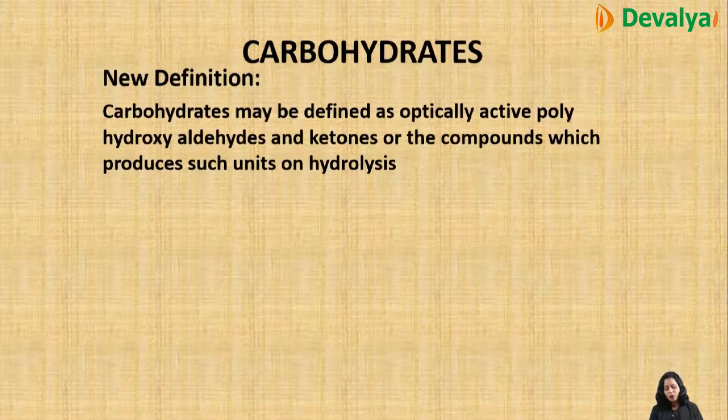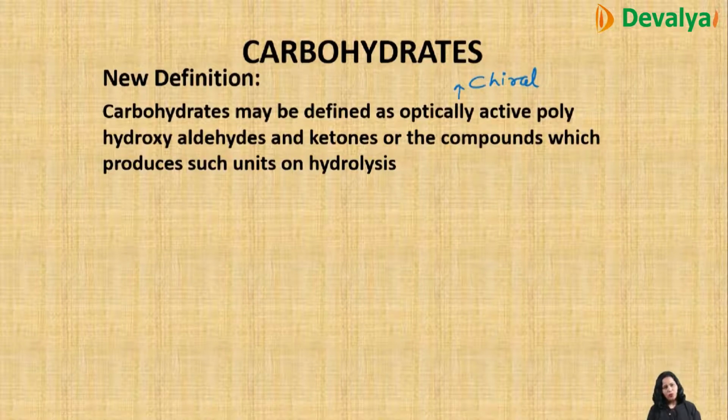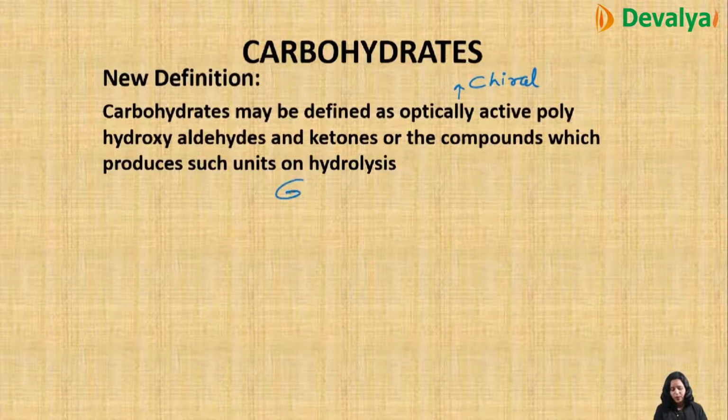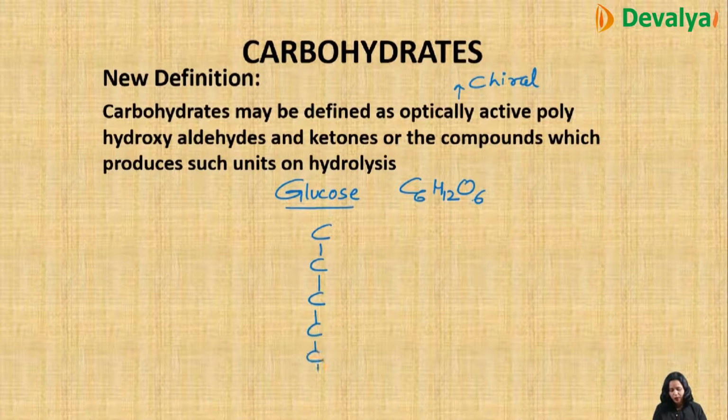Now what is the meaning of optically active? It means chiral, that is, the carbon is attached to 4 different atoms or groups of atoms. And the aldehyde or ketone is the compound which produces such units on hydrolysis. Take the example of glucose, C6H12O6, with 6 carbons: 1, 2, 3, 4, 5 and 6. On the first carbon there is an aldehyde, and on the third carbon OH is on this side.